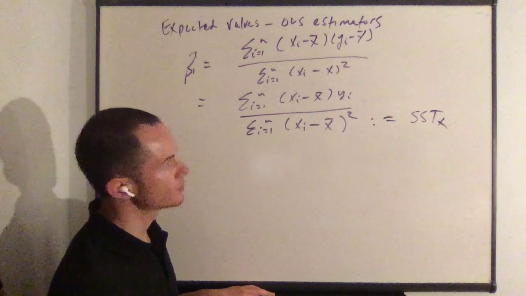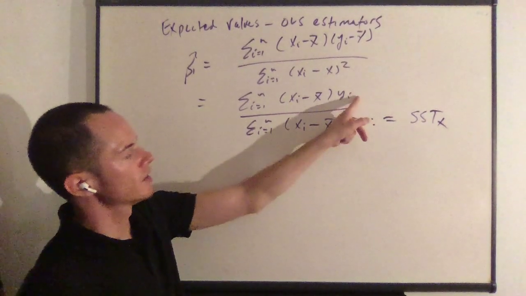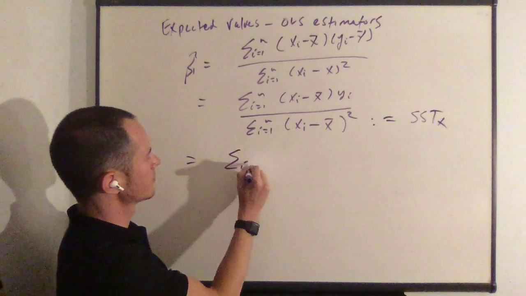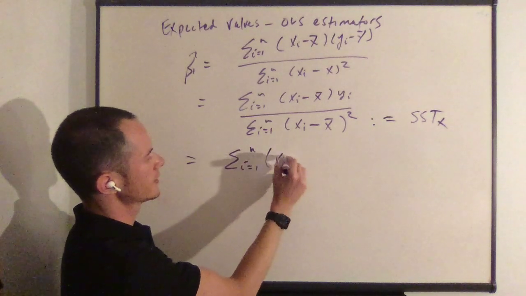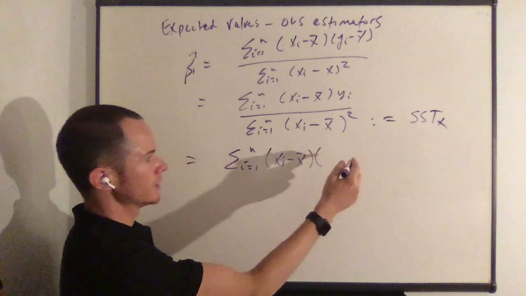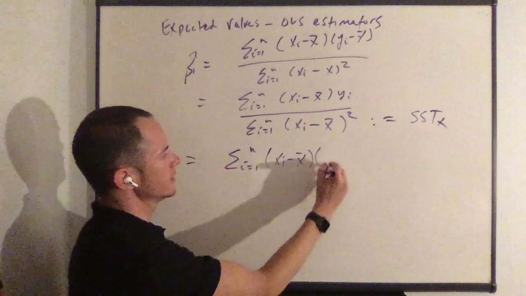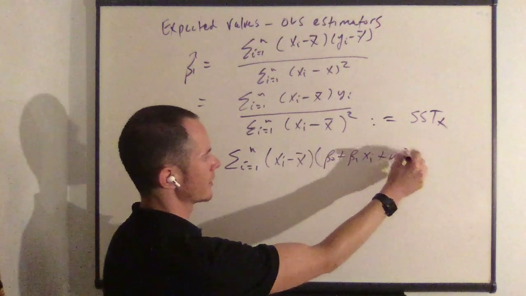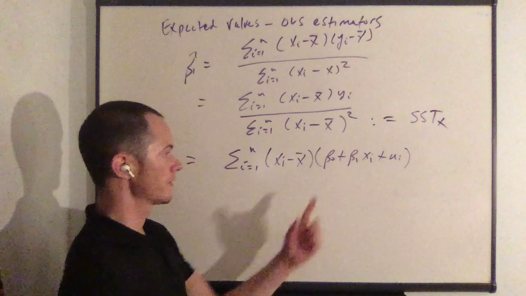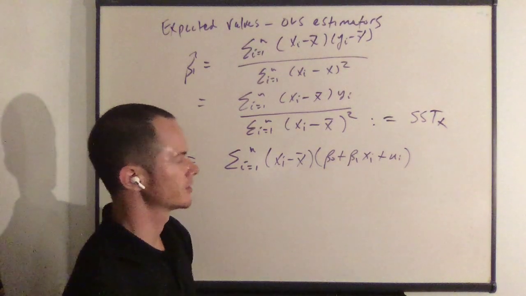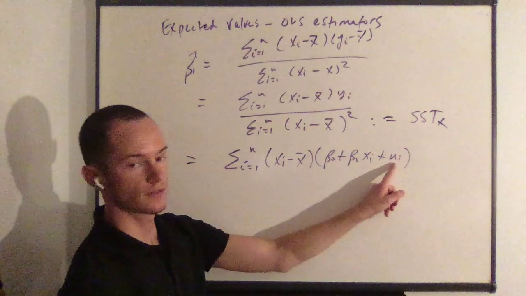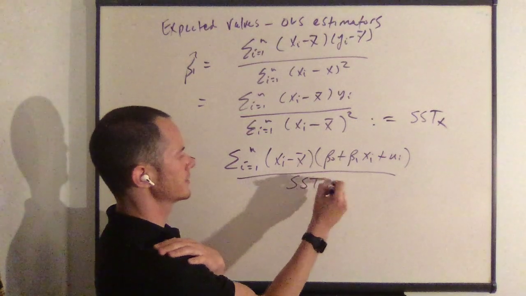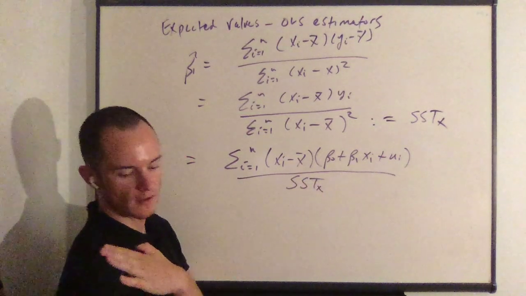And I'm going to substitute in the regression function for yi, so that this is equal to the sum from i equals 1 to n of (xi minus x bar) times, now substitute in the regression function, beta naught plus beta 1 xi plus ui. This is the population regression function. We have the population parameters, the observations on xi, and the unobserved error ui. This is all over SST x, the total sum of squares of x.